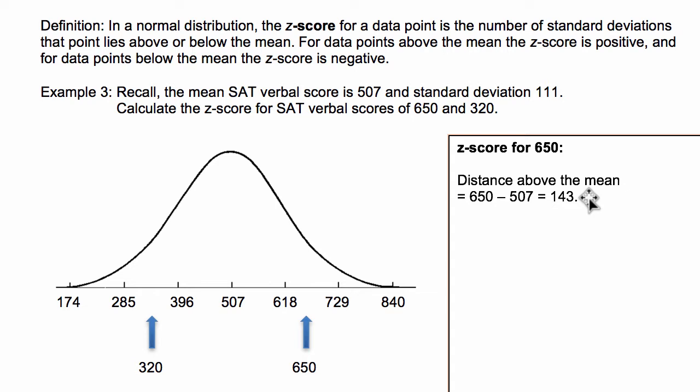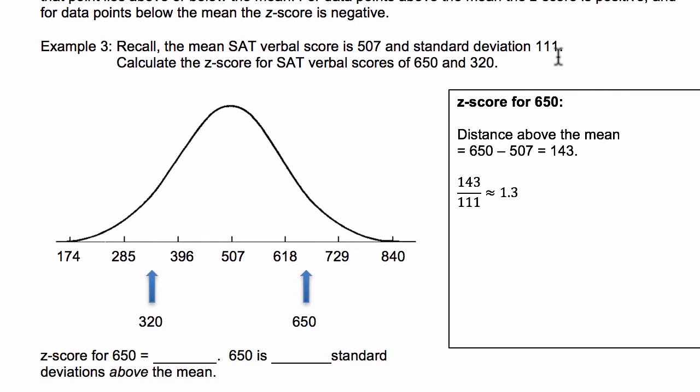To find the exact z-score, let's divide 143 by our standard deviation of 111. 143 divided by 111 is approximately 1.3. Also note that since 650 is above the mean, the z-score should be positive. Accordingly, the z-score for 650 is equal to approximately 1.3. This is because 650 is approximately 1.3 standard deviations above the mean.